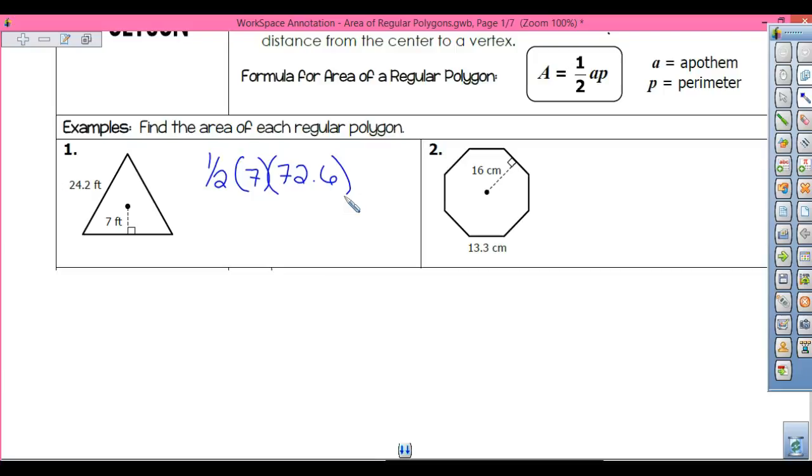Then it's just 1/2 times 7 times 72.6. The area of my triangle is 254.1 feet squared.